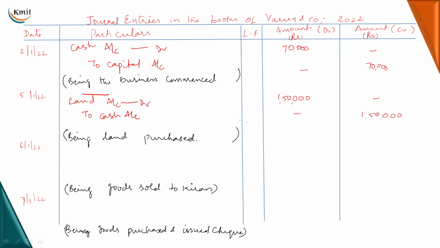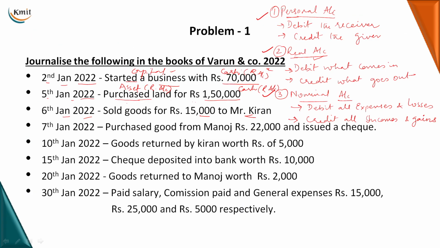So the relevant journal entry for this particular transaction is Kiran. Kiran is a personal account. And this is sales, goods are sold. It is a real account, right? So according to the personal account rule, debit the receiver, credit the giver.